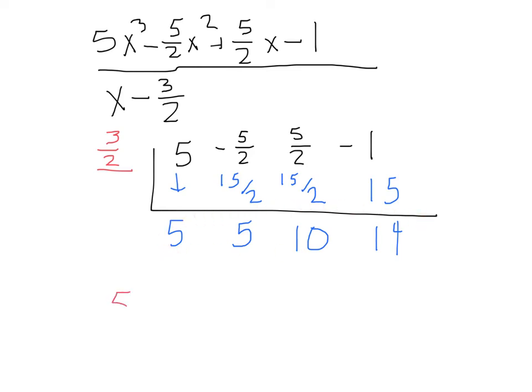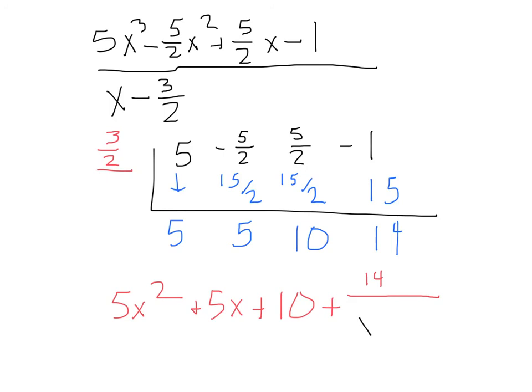That's going to be 5x squared. Now I chose x squared, remember, because it's one less degree than where we started. 5x squared plus 5x plus my next number is 10, so plus 10, plus, now this time we do have a remainder. This 14 is a remainder, so remember, you take this 14, I'm going to say plus 14, divided by what you started with, x minus 3 halves.